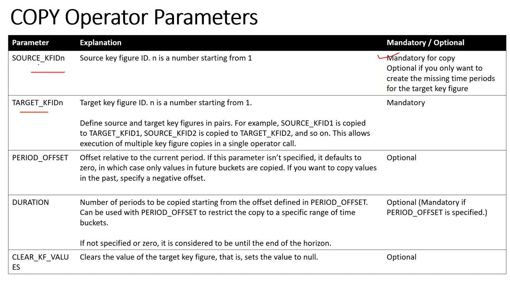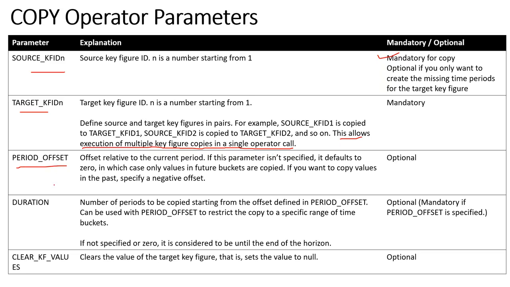In that case you use source_kfid1 and target_kfid1, that is one set, and then source_kfid2 and target_kfid2, that's another set. This allows execution of multiple key figure copies in a single operator call.